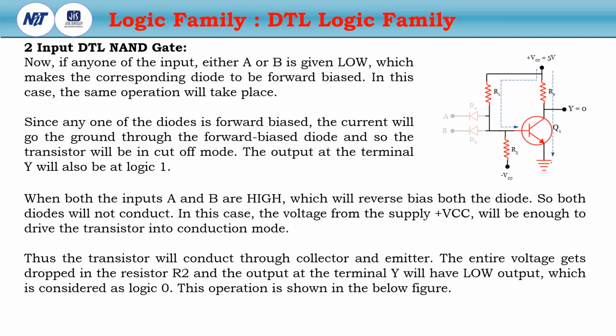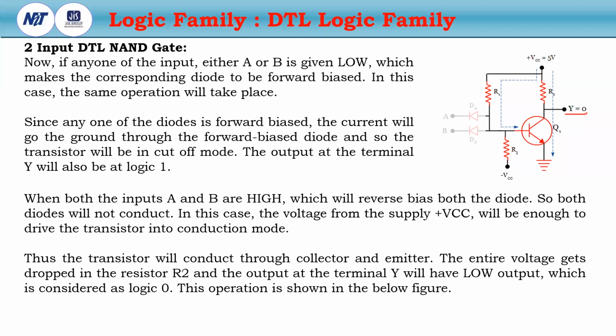So there is a high voltage drop at the output resistor R2. So VCC minus IC R2 is equal to 0 as the output.